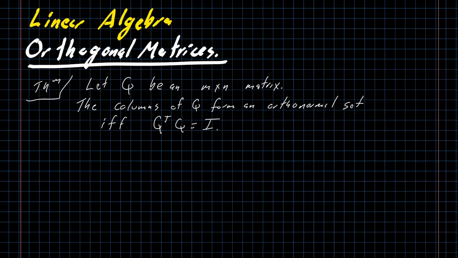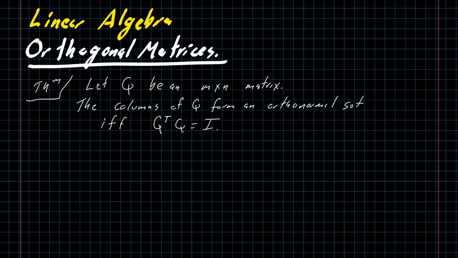I claim that the columns of Q form an orthonormal set if and only if Q transpose times Q is equal to the identity matrix I. That seems a little bit outlandish at first, but the proof is actually fairly simple.